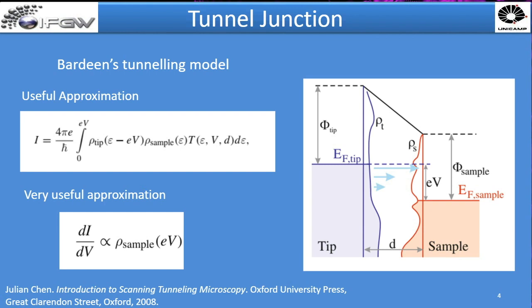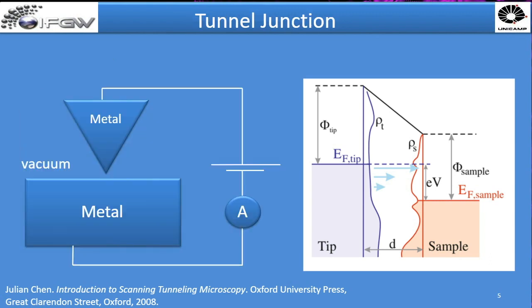And to make a microscope with this, nothing can be more simple. Of course, there are plenty of details, but you can shape one of these electrodes to be a very sharp tip, ideally with only one atom at its apex. And by moving this tip around, you can start to make images.